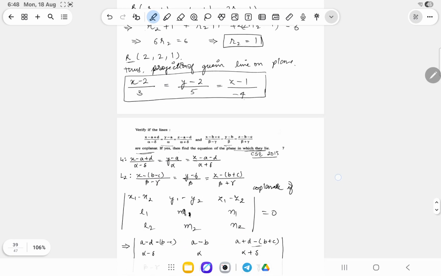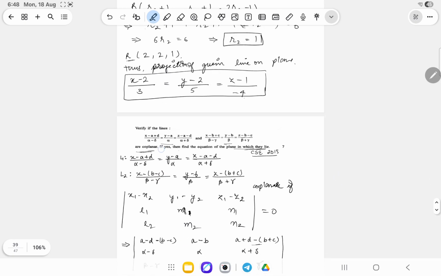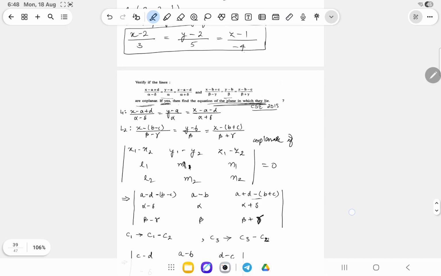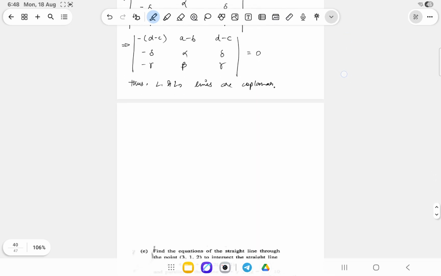Further they have asked us to find, since it is coplanar, the equation of the plane in which they lie. We have earlier seen that there is a direct formula to calculate the equation of the plane in which they lie.